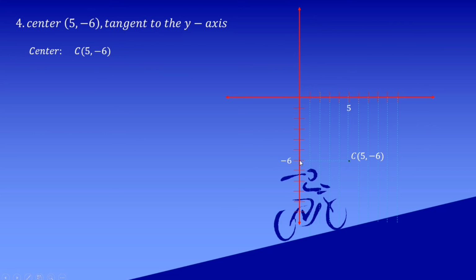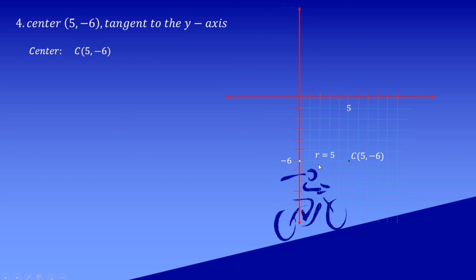Since our circle is tangent to the y-axis, it intersects the y-axis at exactly 1 point. Okay, yan ang point natin. It intersects our circle. Then, it is also the measure of our radius.